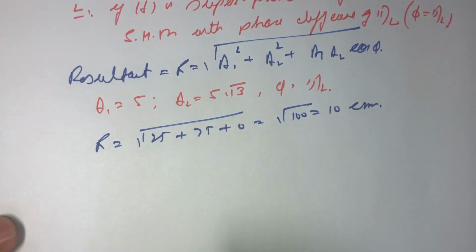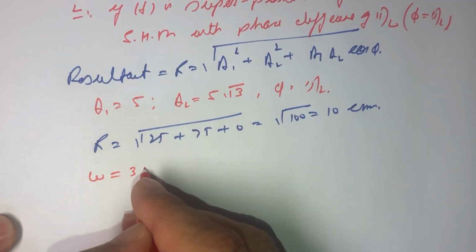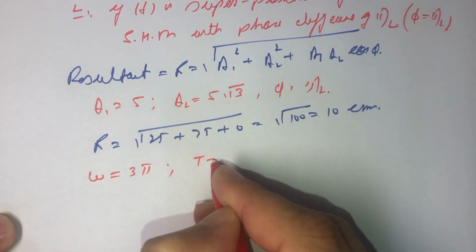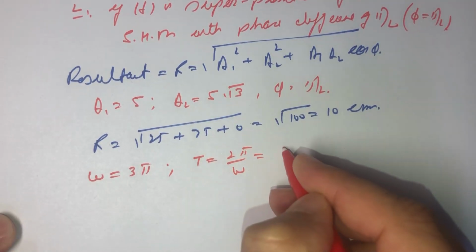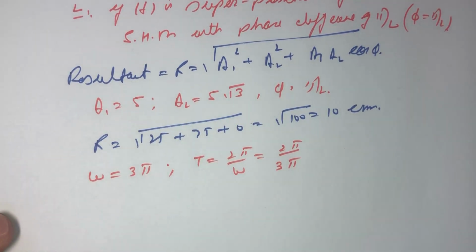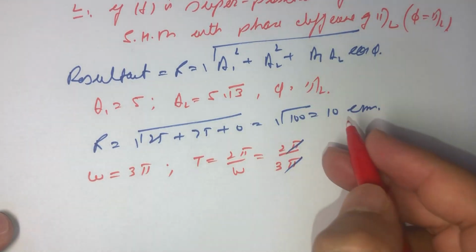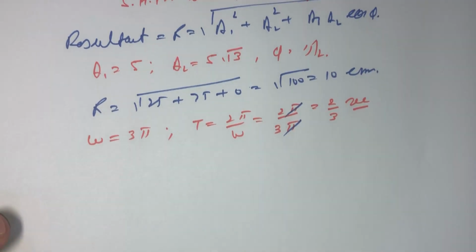And once again ω is equal to 3π, and the time period is given as 2π upon ω, so this becomes 2π upon 3π. π and π go away, so we get 2/3 seconds.